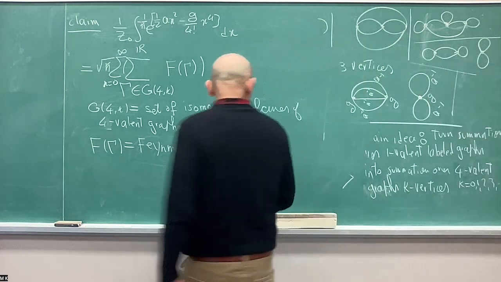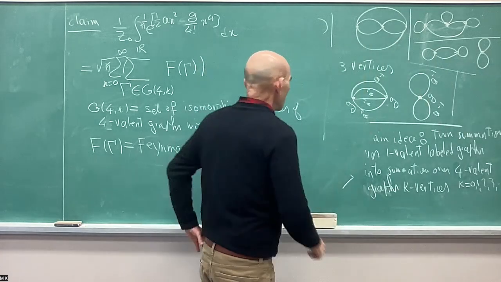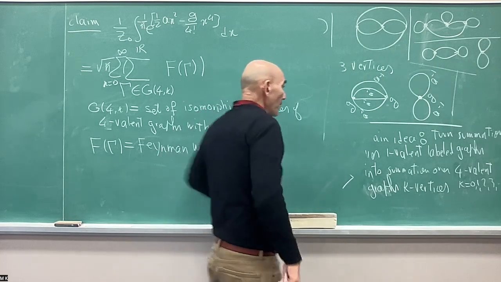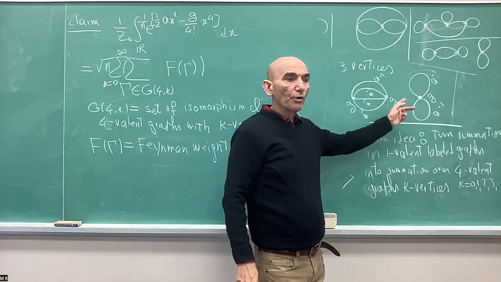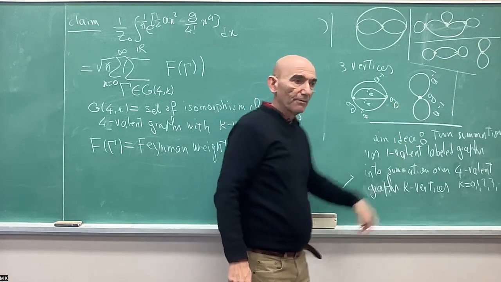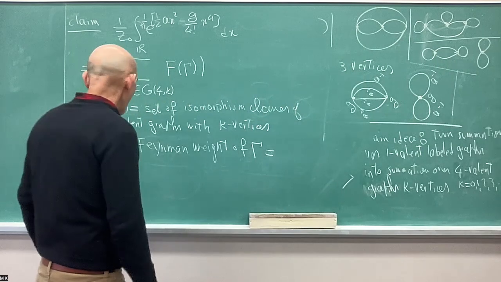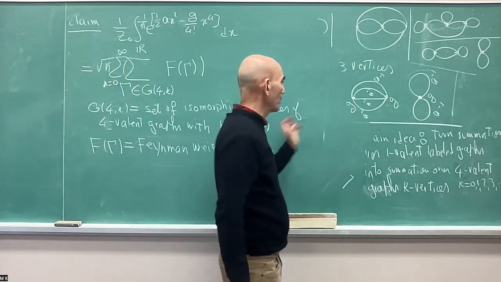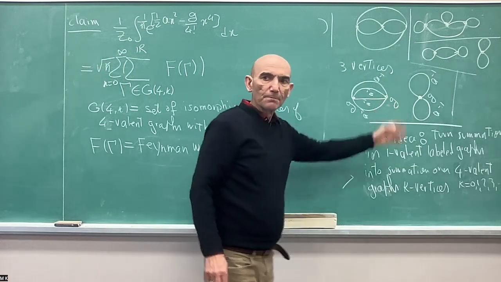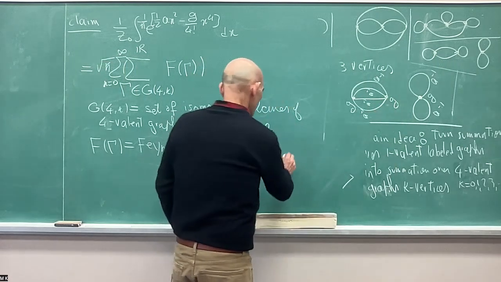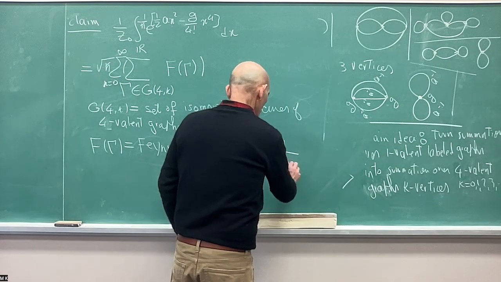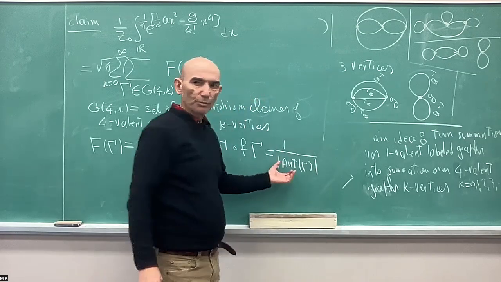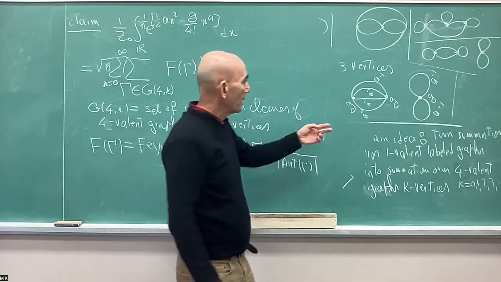And then we have to divide by the order of the automorphism group of this graph, so this is 1 over the order of automorphisms of gamma.